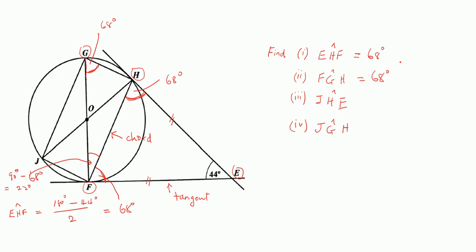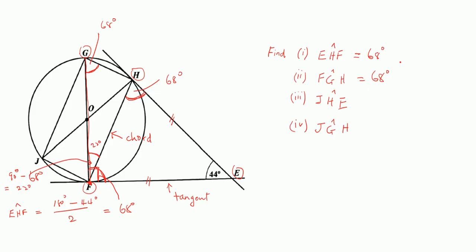Now, if we look at this here, this line represents a diameter, and the point F is the point where the tangent passes. So therefore, this angle here is 90 degrees. So therefore, this small angle will be 90 minus 68, right, which will give me 22 degrees.